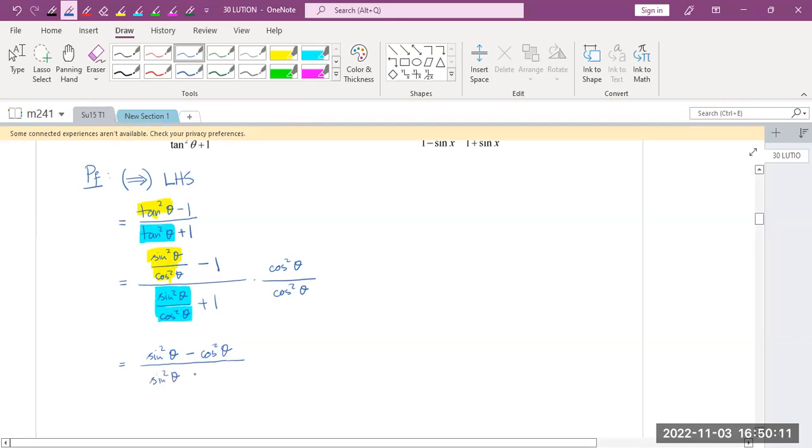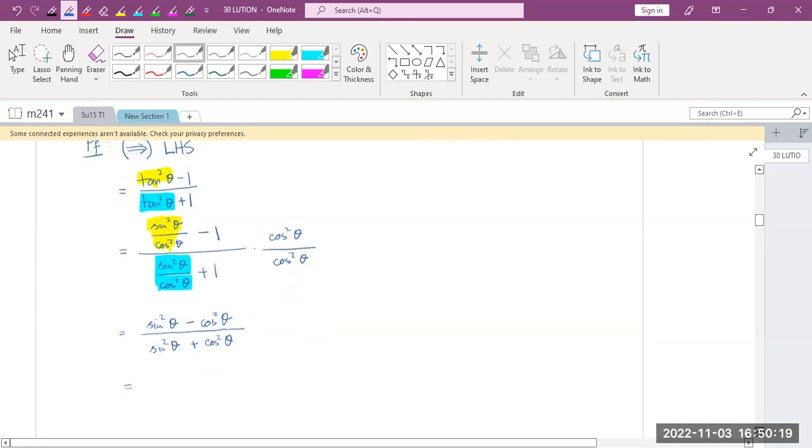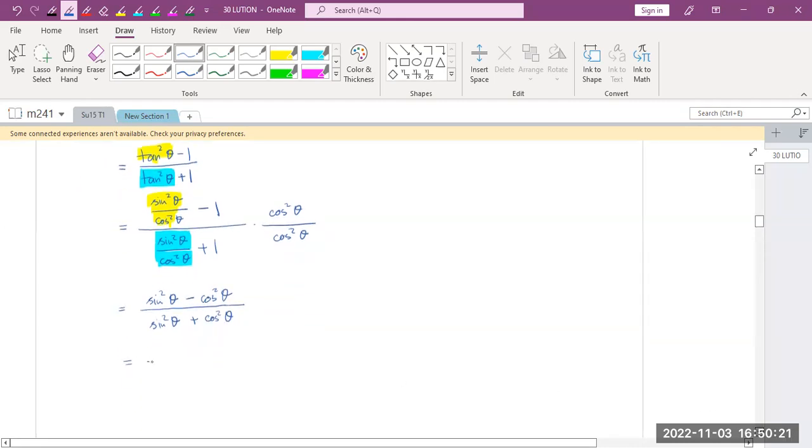We get sine squared theta plus 1 times cosine squared theta, that's cosine squared theta. The denominator, sine squared theta plus cosine squared theta, just becomes 1. So this equals sine squared theta minus cosine squared theta.